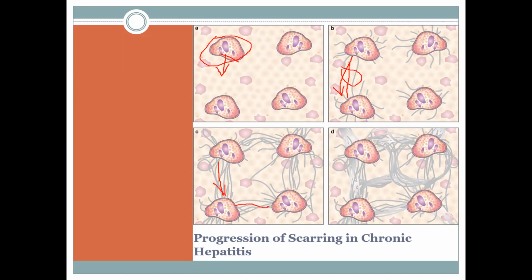Now, the hepatocytes in this region are undergoing a brisk replicative activity as a result of the ongoing inflammation in this region. This replicative activity is going to ensure that the liver cells that died are going to come back, and there will be a regeneration of those cells from the stem cells that are present in this region.